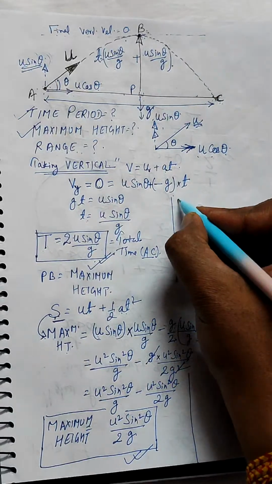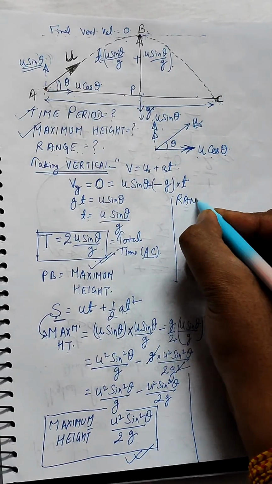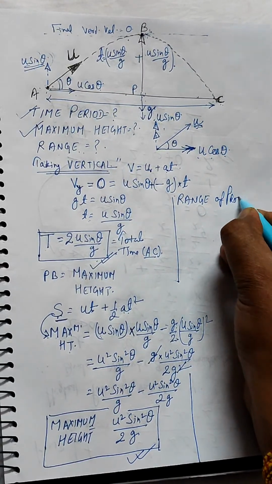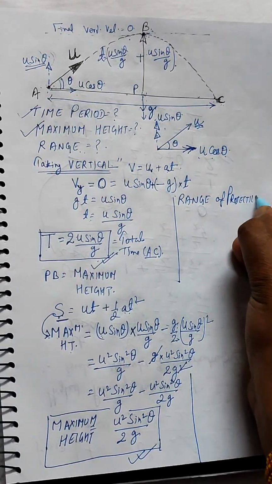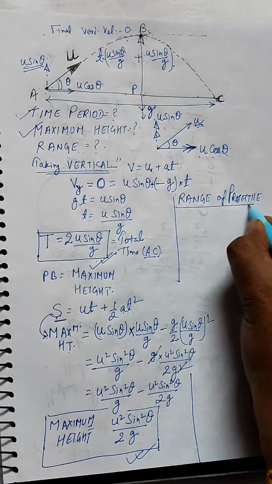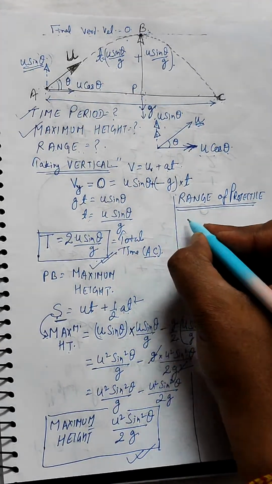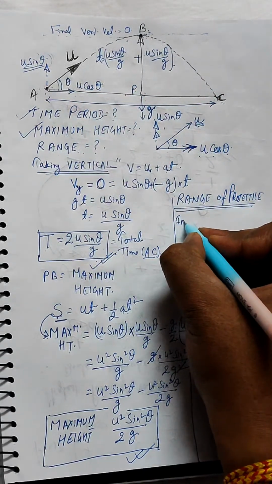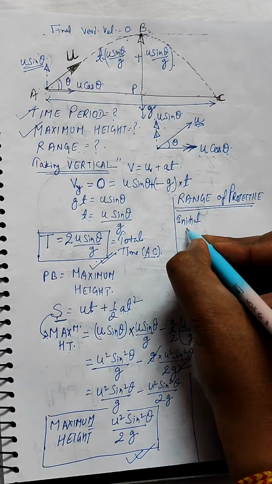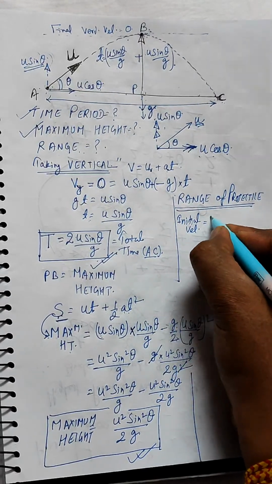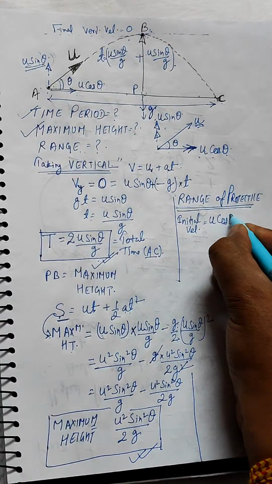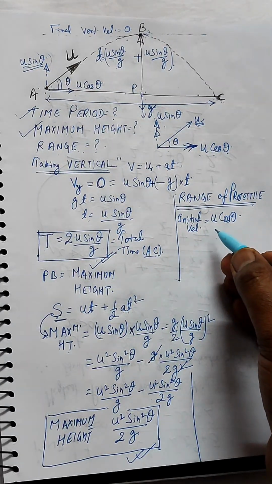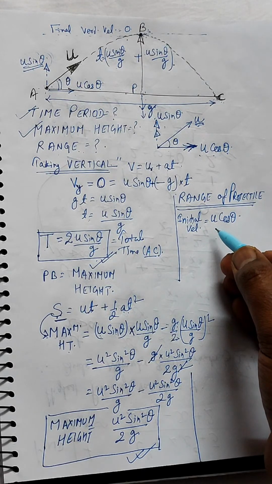Now for the range of the projectile, the initial velocity is u cos theta, right?